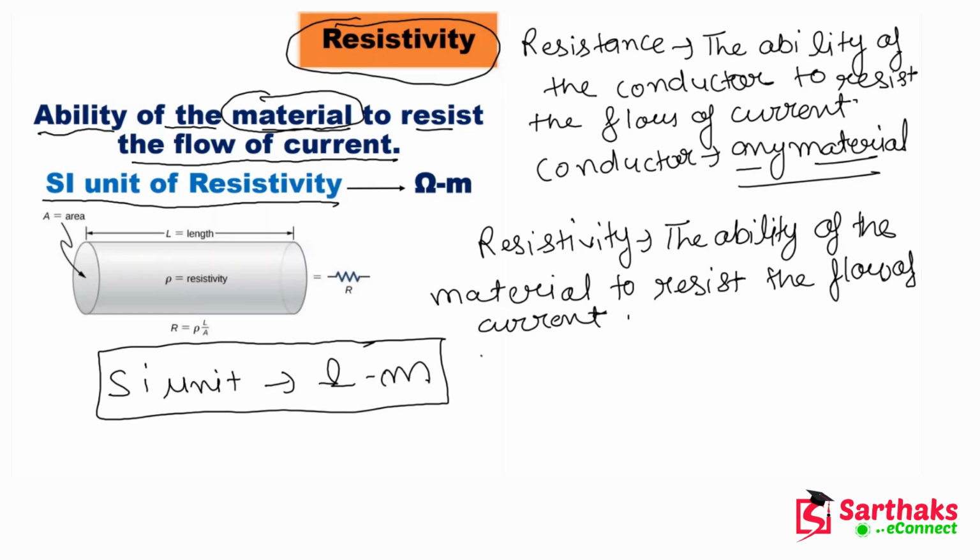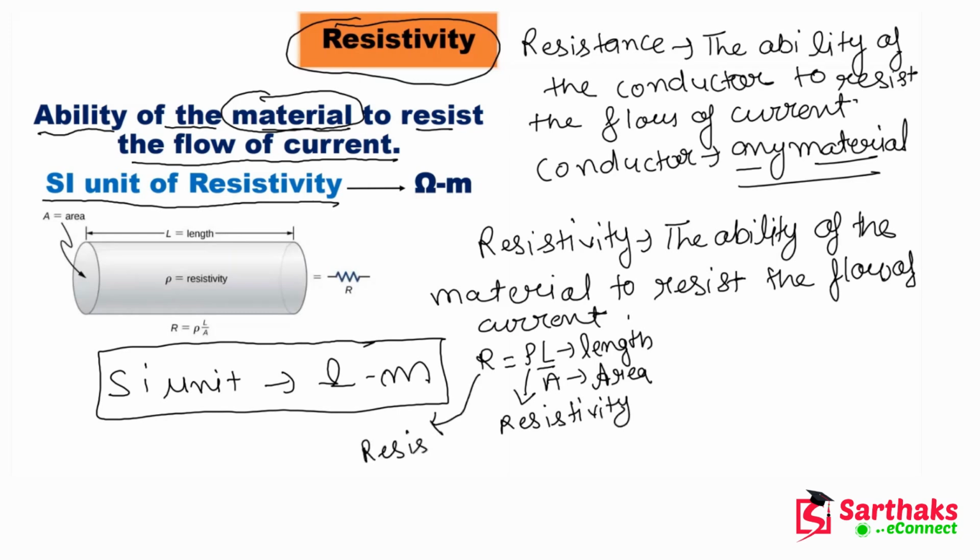We know that resistance R equals rho L by A, where L is length, A is area, and rho is resistivity.